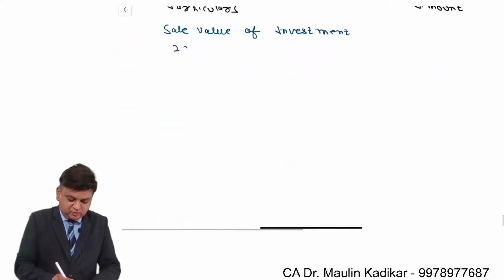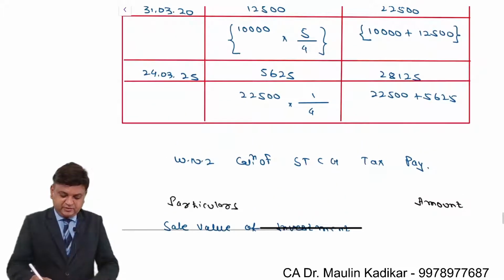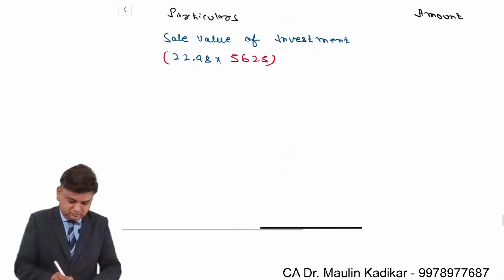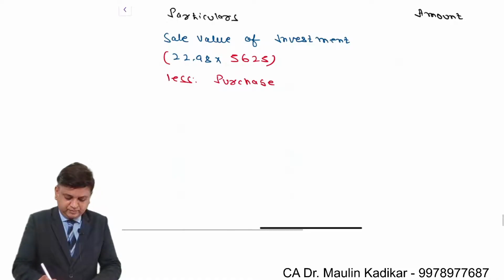So it is 22 rupees 98 paise multiplied with the number of units, that is 5625, less purchase price.